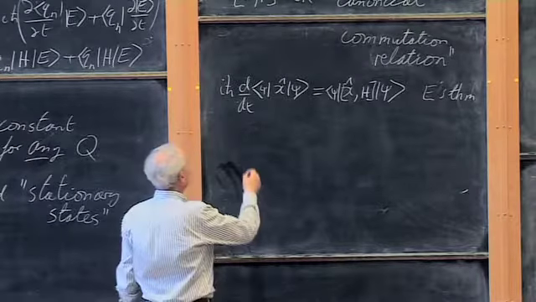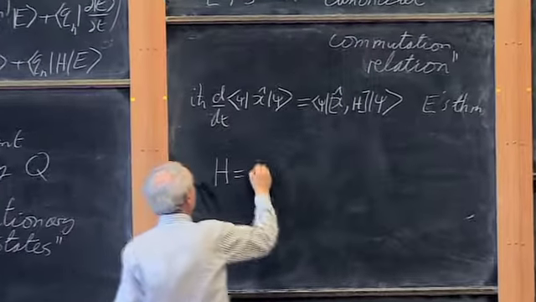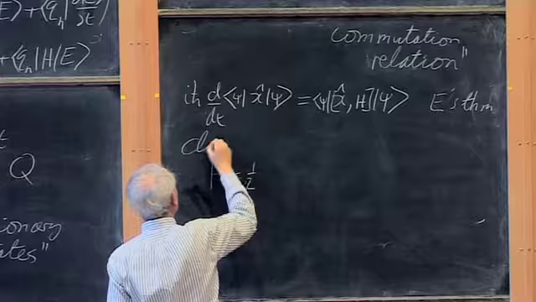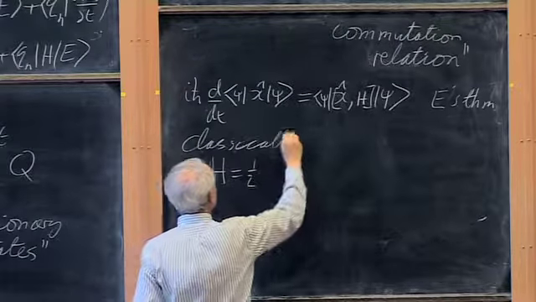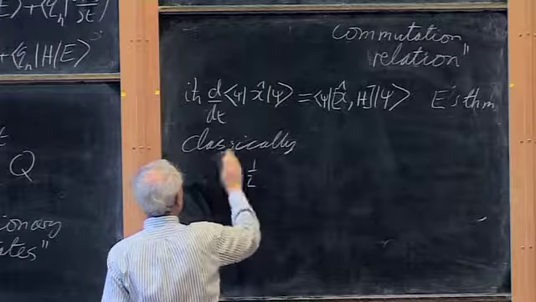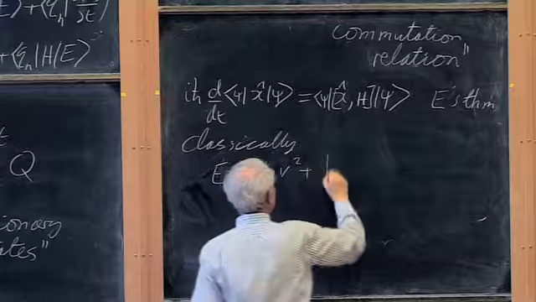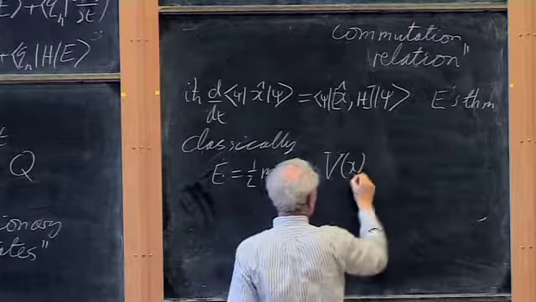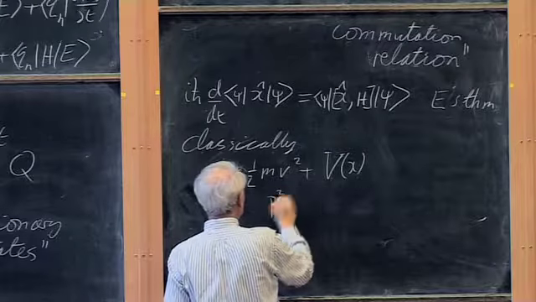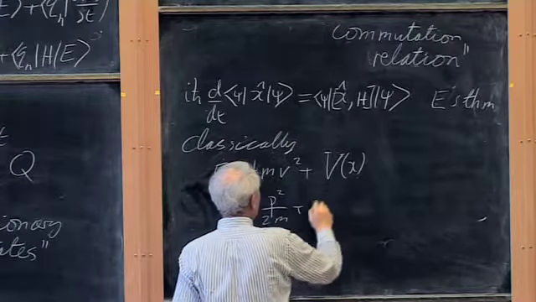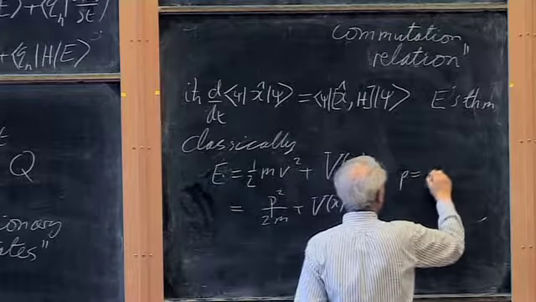Classically, the energy should be a half mv squared plus the potential energy depending on x, which could also be written as the momentum squared over 2m plus the potential energy, because p classically is mv.